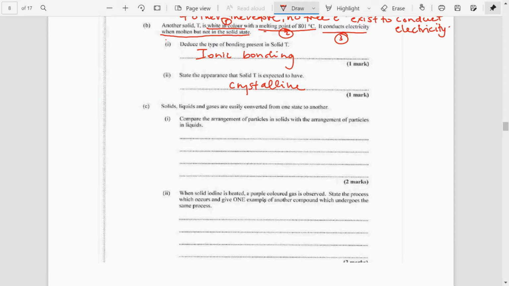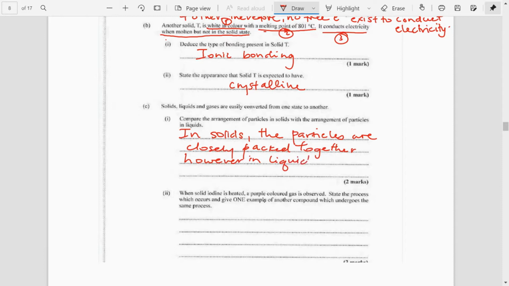Compare the arrangement of particles in solids with the arrangement of particles in liquids.